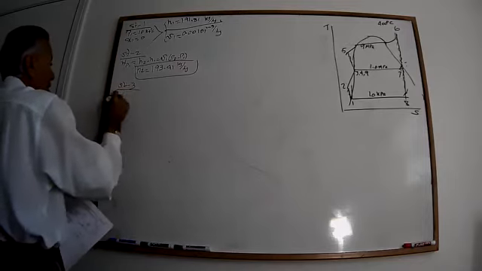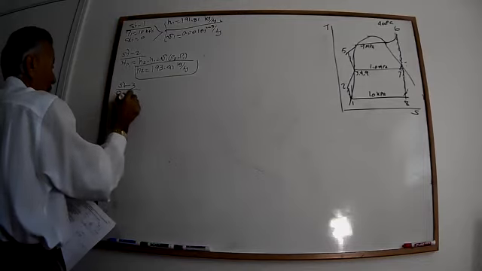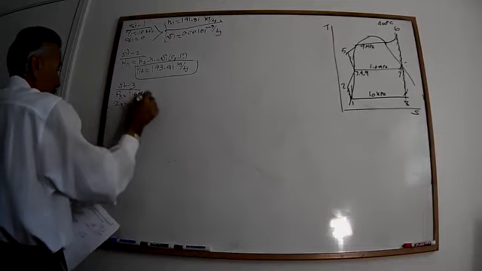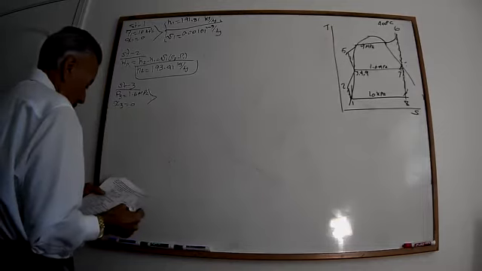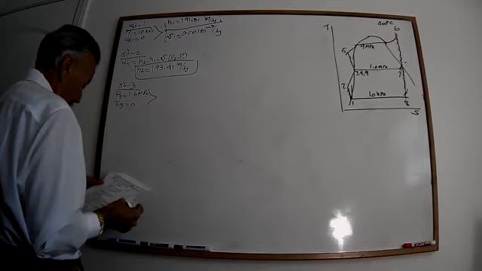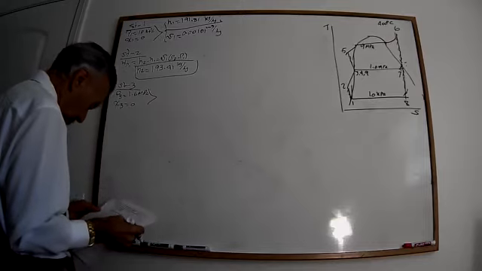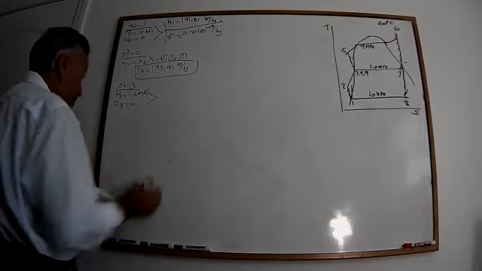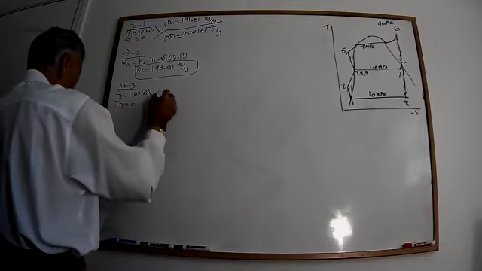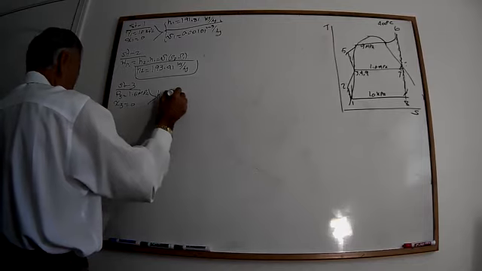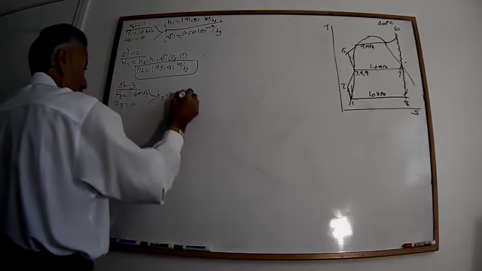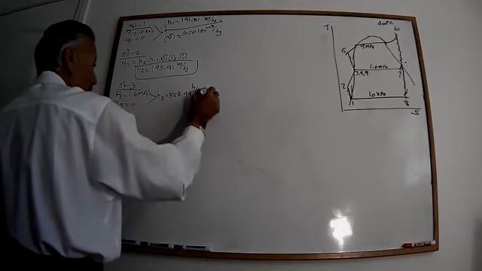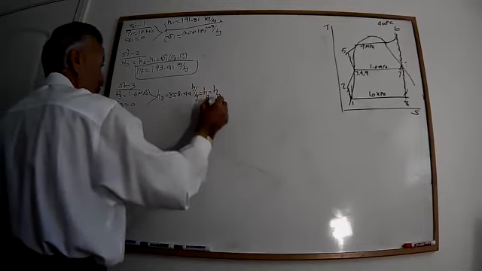State 3, I have P3 1.6 megapascal, X3 is equal to 0. And this will give me a value of H3 to be 858.44 kilojoule per kilogram, which is equal to H4, which is equal to H9.